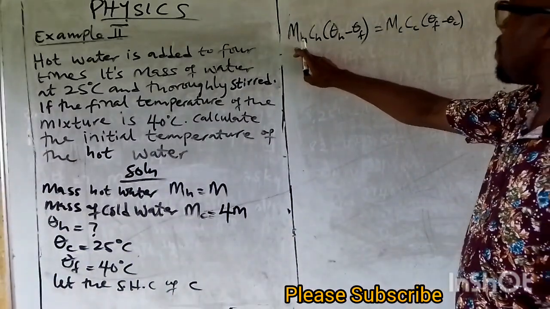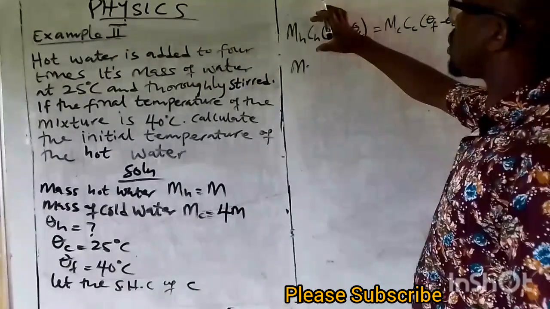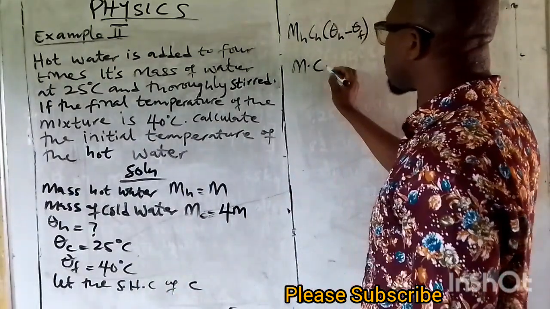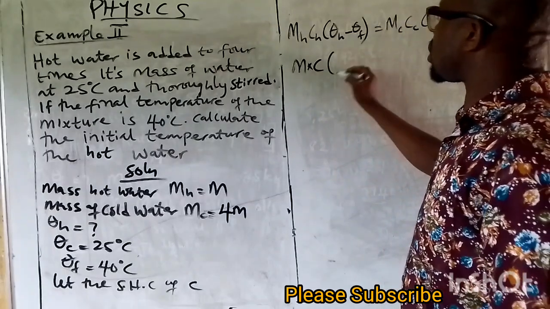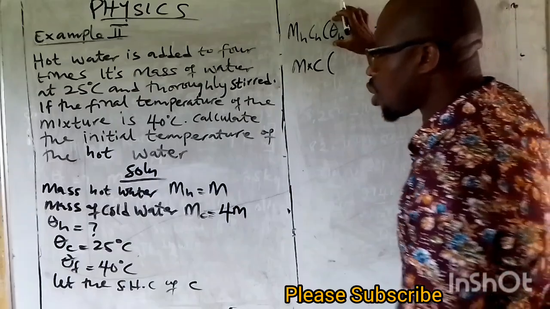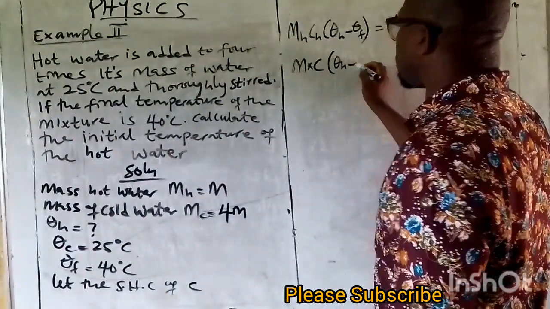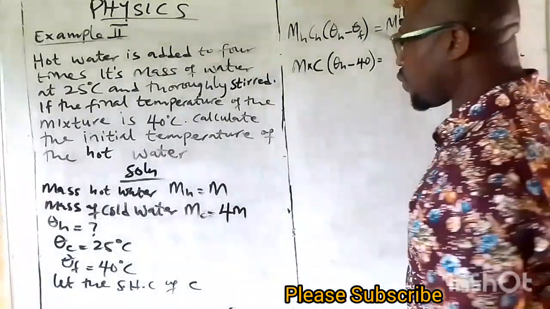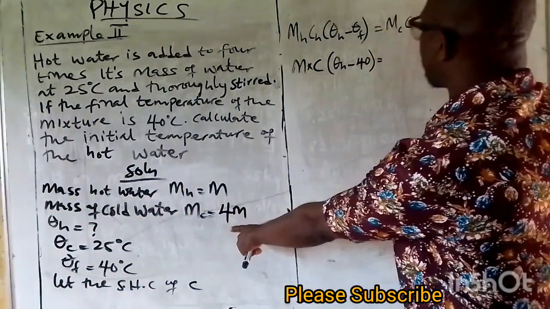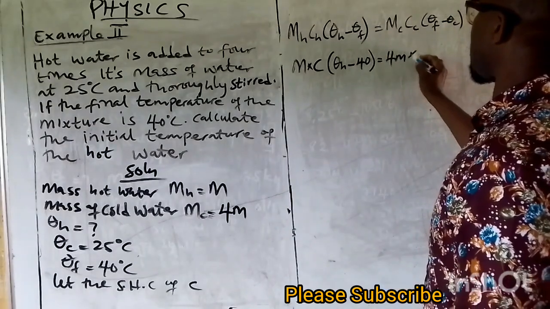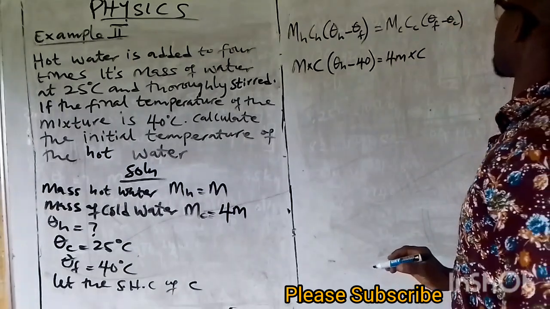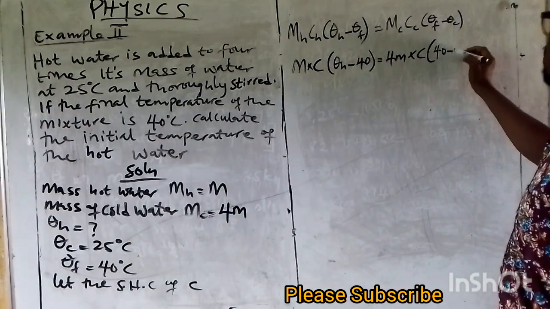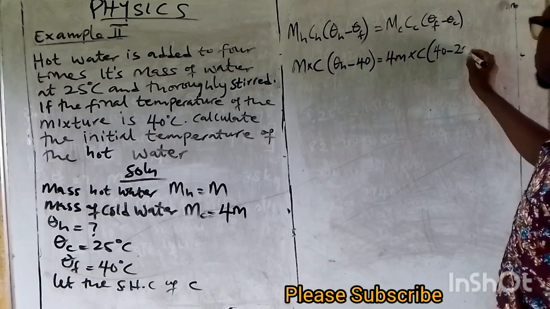Okay, mass of hot water is M, specific heat capacity of hot water is still C. So we say M times C times (theta H minus the final temperature 40) equals mass of cold water 4M, times specific heat capacity C, into (final temperature 40 minus the temperature of cold water, 25).